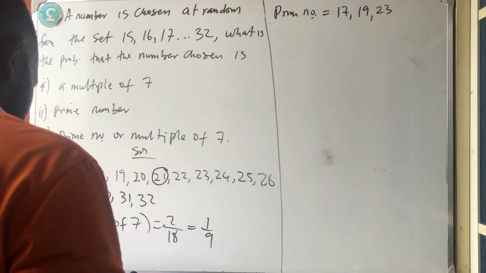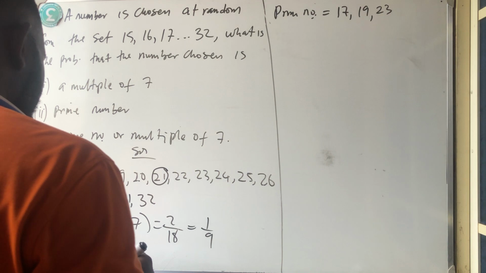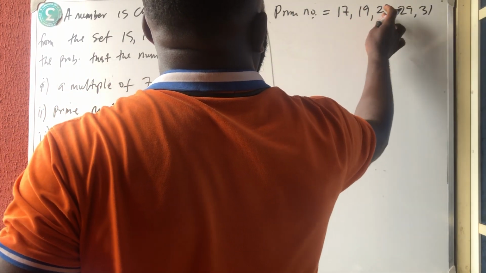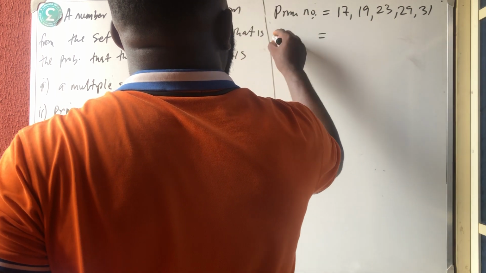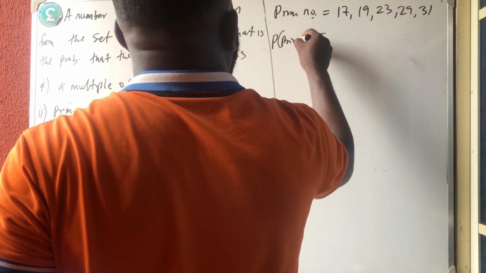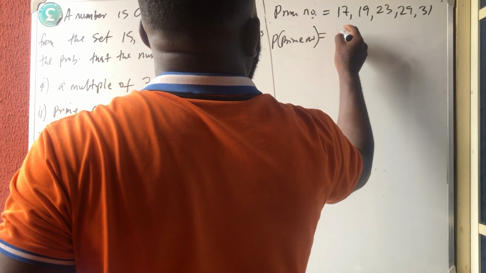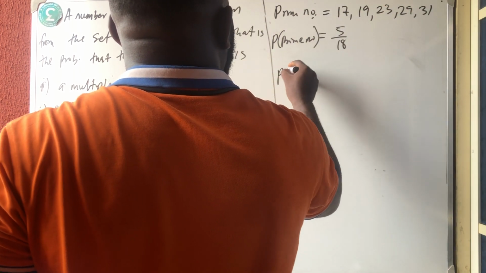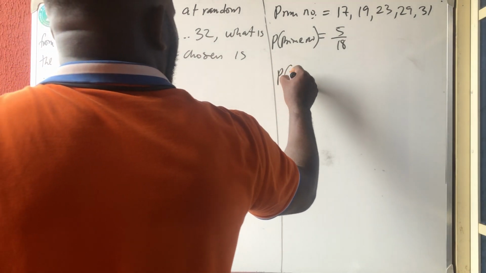Is 29 a prime number? 29 is a prime number, nothing can divide 29. And 31. So 1, 2, 3, 4, 5. So the probability of a prime number is 5 over 18.